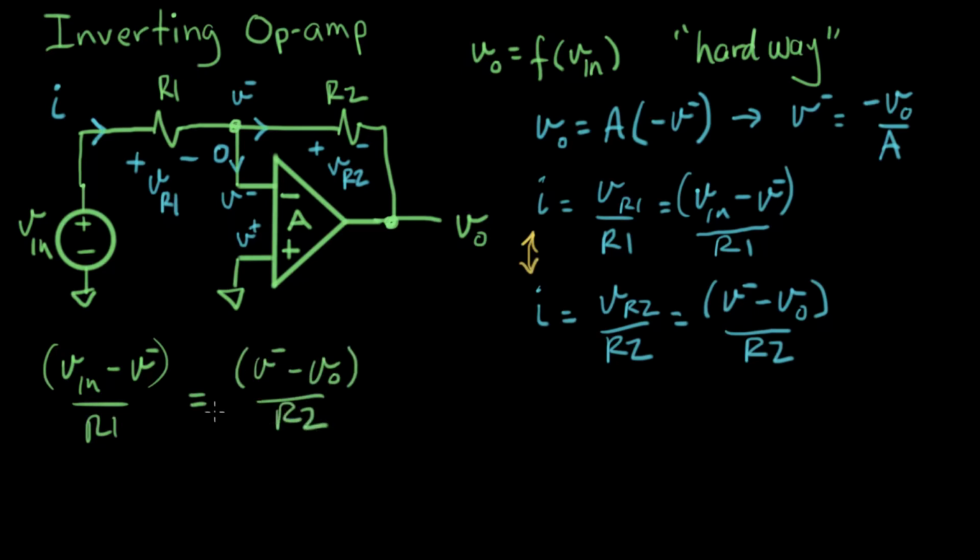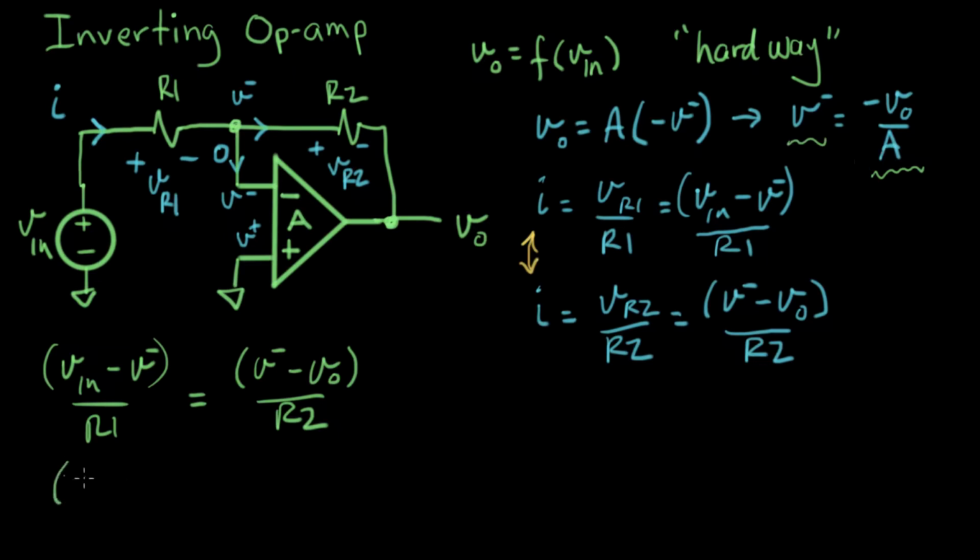So what I'm going for here is, how many variables do we have here? We have V out, we have V in, and we have V minus. And what I want is just V out and V in. So I'm going to try to eliminate V minus. The way I'm going to do that is to take advantage of this statement right here to replace V minus with minus V out over A. So let me rewrite this.